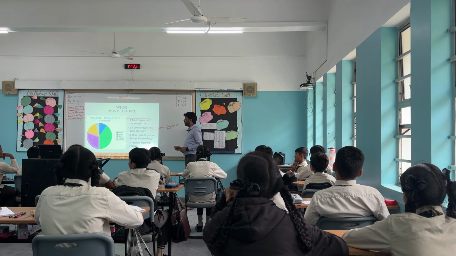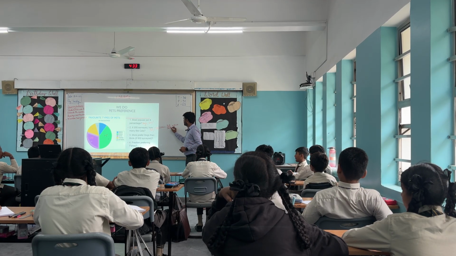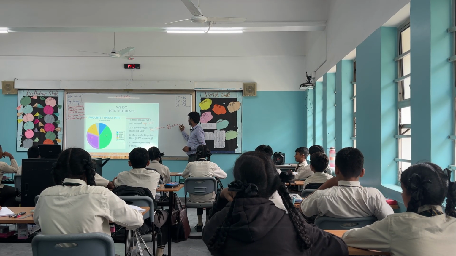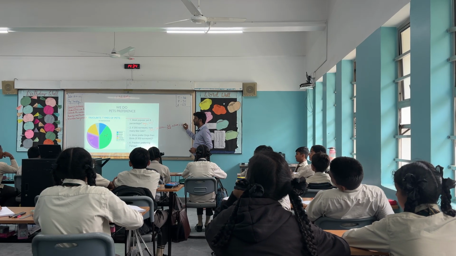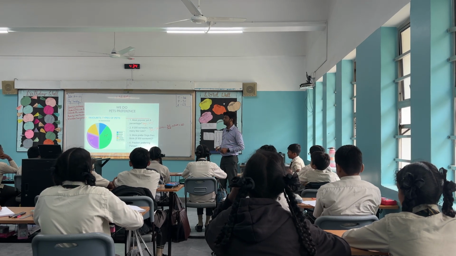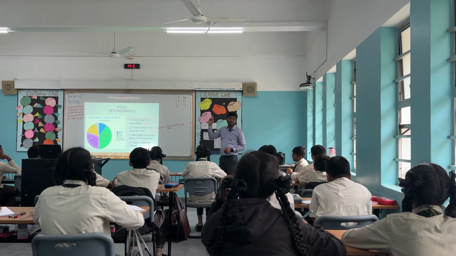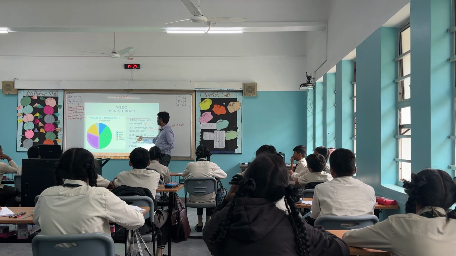Can you simplify it? Zeros cancel. Then 3 2s are 6, 0. So how many people like cats? 60 people out of 200 like cats. Then the next one.